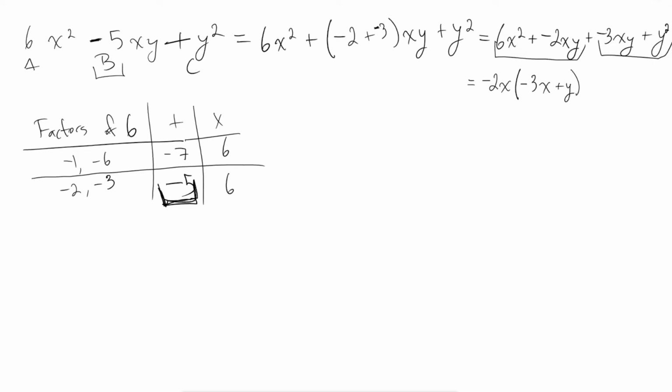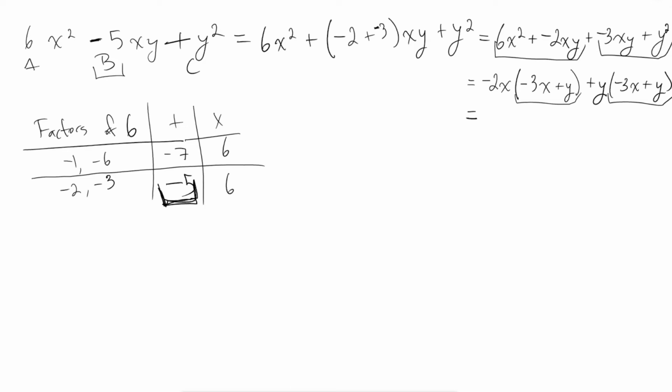I'll then do the same with the other one. I can take out just a y. So plus, I'll factor out a y. Negative 3xy divided by y gives me negative 3x. And y squared divided by y gives me a y. Good. As long as these two things are the same, which they should be, assuming it factors properly, you're golden.